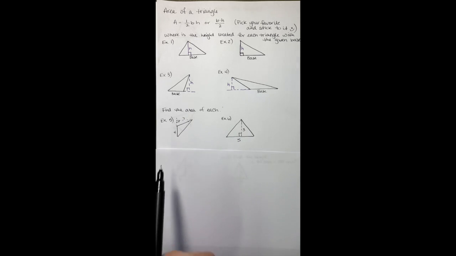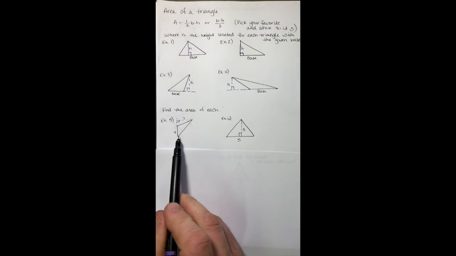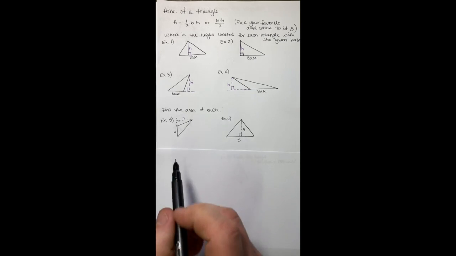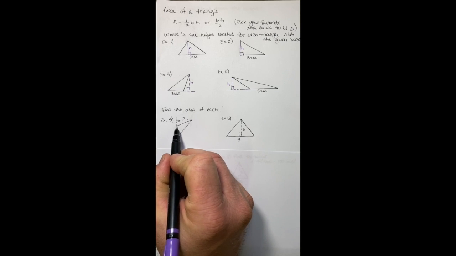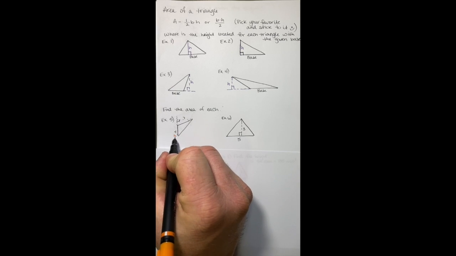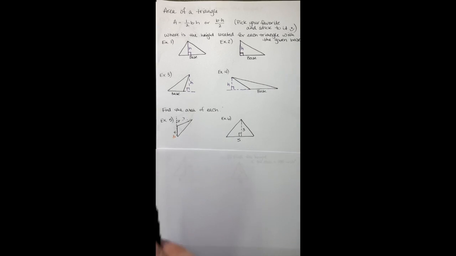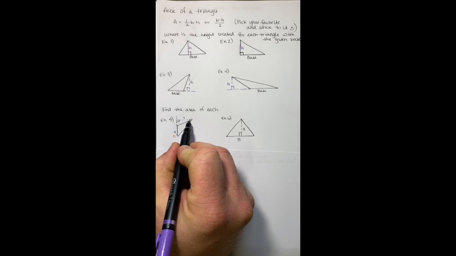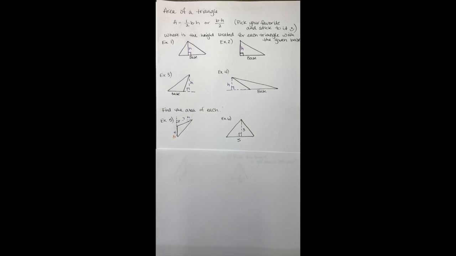Now, I made it a little awkward here, a little different, because I made this my base, and you could tell it's my base, this part here, because I extended it out this way. So 4 is my base, and since this is forming a 90-degree angle with that base, this must be my height.